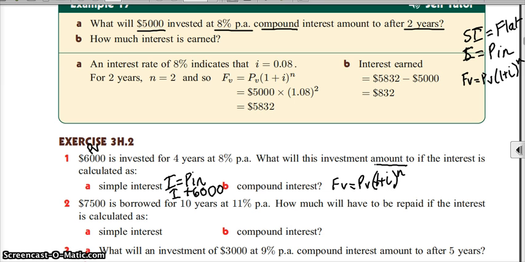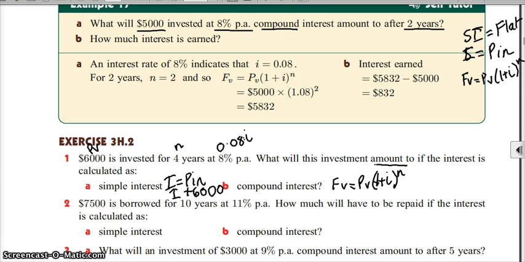What's your i? 8%, which as a decimal is 0.08. Good work. And what's your n? 4 years. n is 4. i is that. So that's using the compound interest formula.